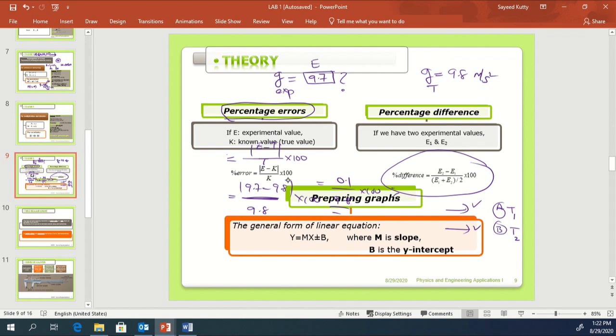Definitely these will be close, but there is a difference, right? We can ask you what is the percentage difference, and for that we use this equation. It is the absolute value of the difference, that means T2 minus T1, divided by their mean value. I can rewrite this as the absolute value of T2 minus T1 divided by the average of T1 plus T2, that is (T1 plus T2) divided by 2, into 100.